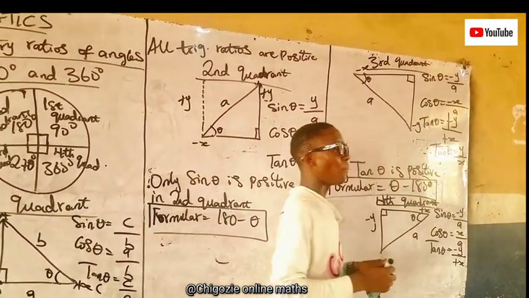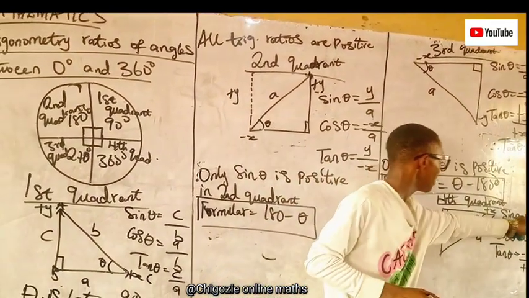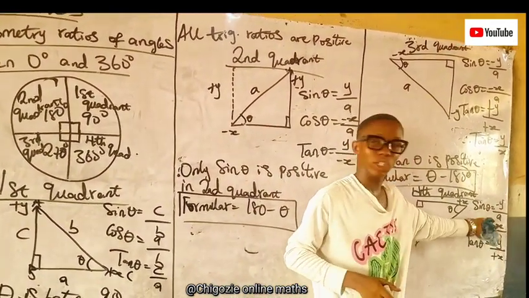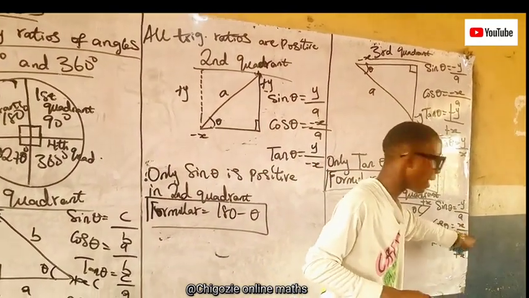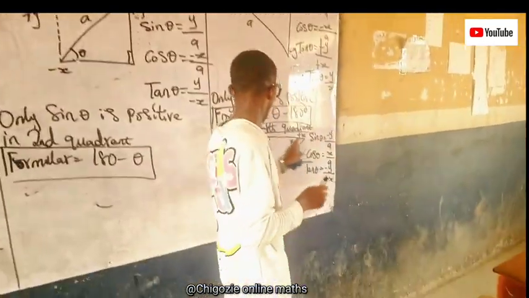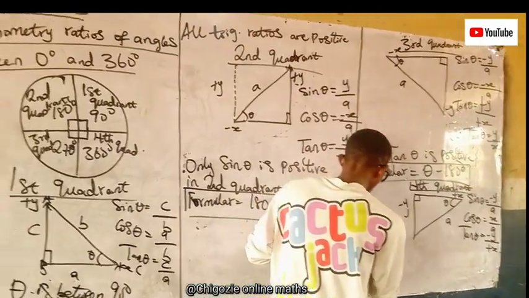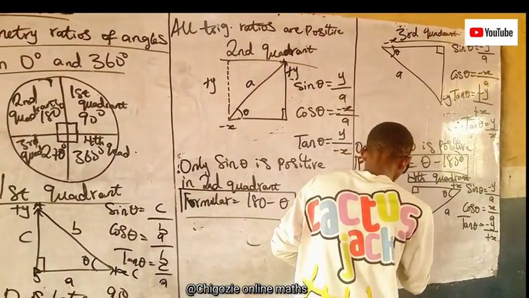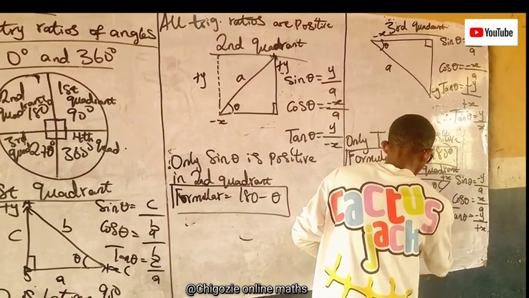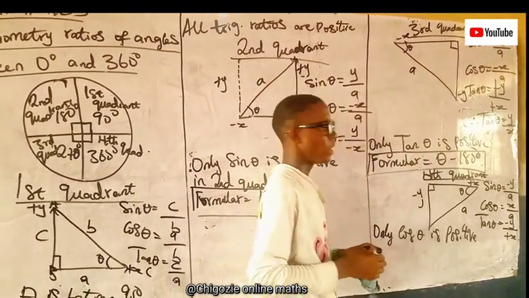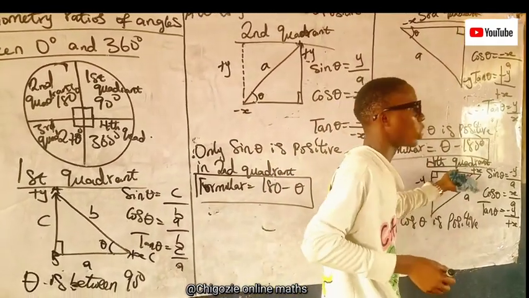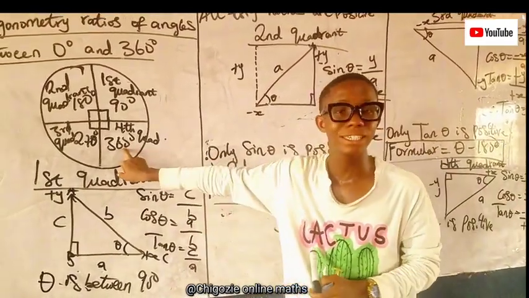Now, the only positive ratio here is cos theta. Cos theta is positive because it has x over a. So therefore, in the fourth quadrant, only cos theta is positive. Now remember, angles in the fourth quadrant are less than 360 degrees.